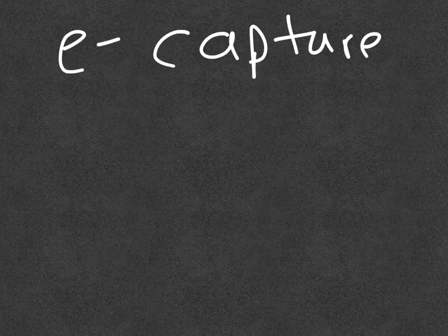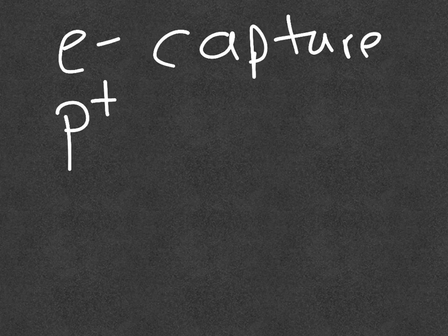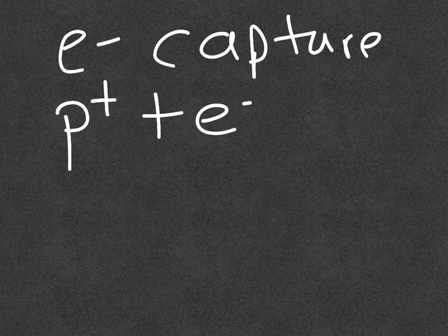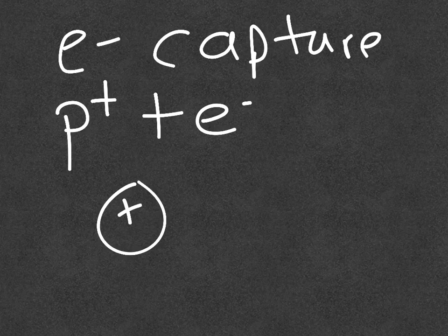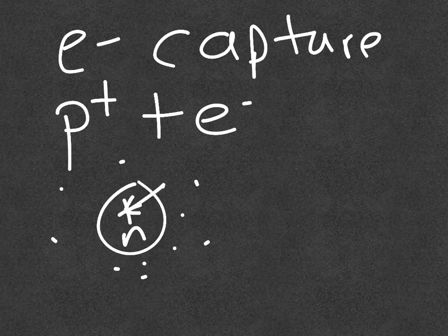Our last of the beta decays is called an electron capture. An electron capture is when a proton and an electron are captured from that inner ring. So here's your nucleus, you've got your protons, you've got your neutrons, and then you have all these electrons cruising around your electron cloud, and an electron is captured.